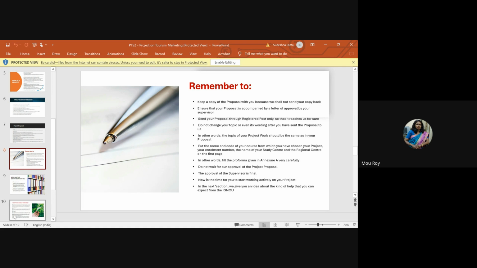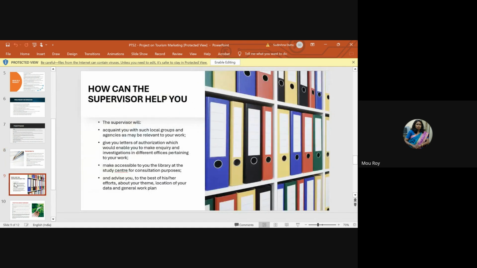Now, how can the supervisor help you? The supervisor will acquaint you with such local groups and agencies as may be relevant to you. As I told you, your supervisor basically will just guide you. There is a difference between a teacher and a guide.